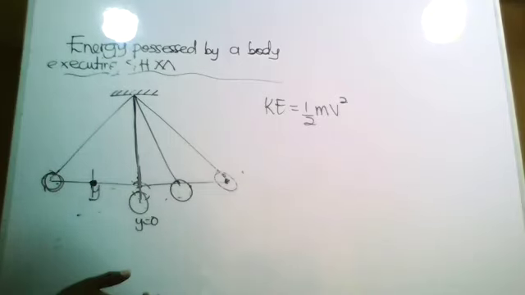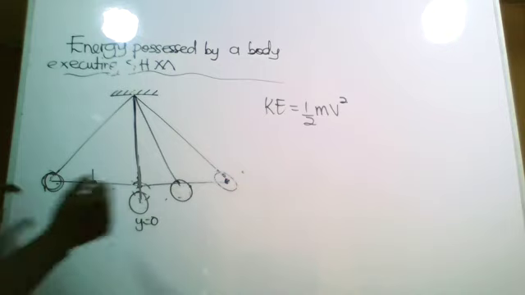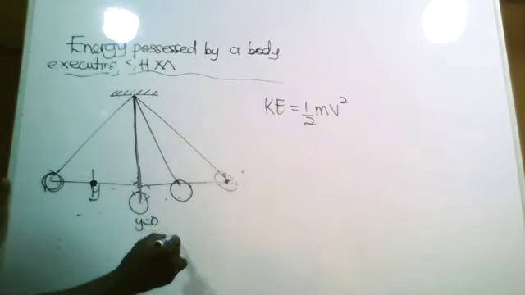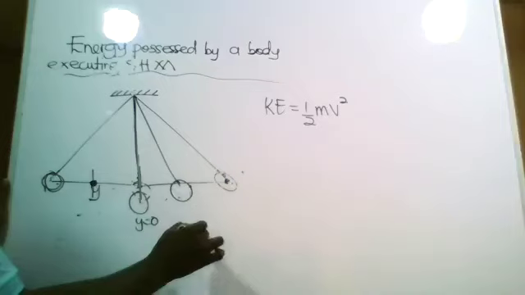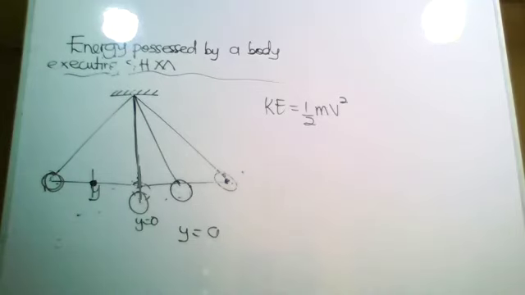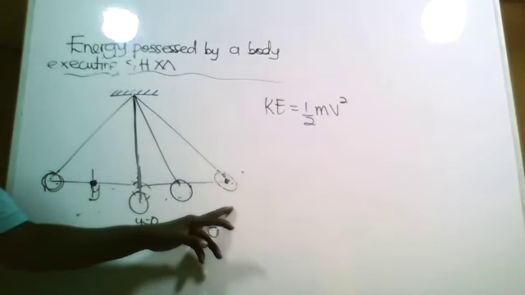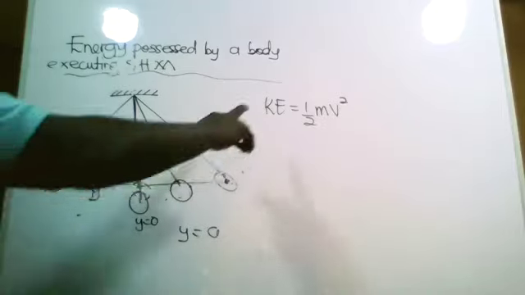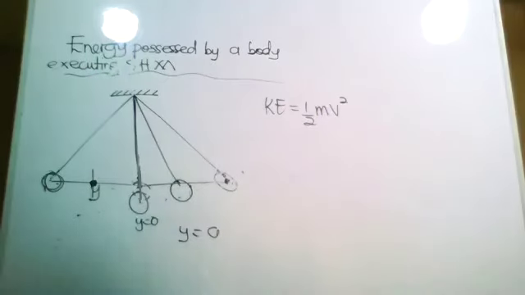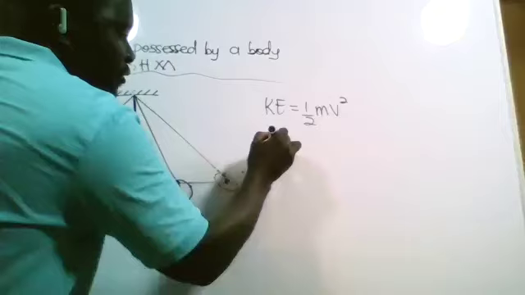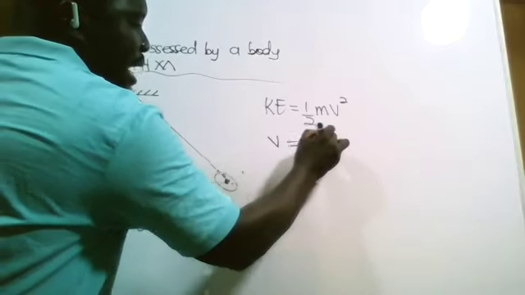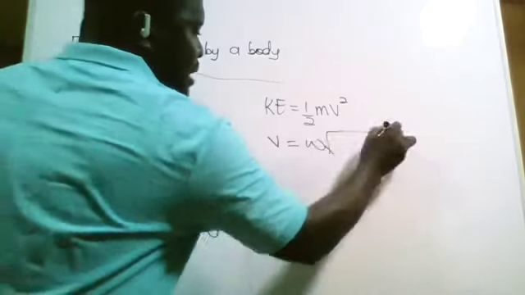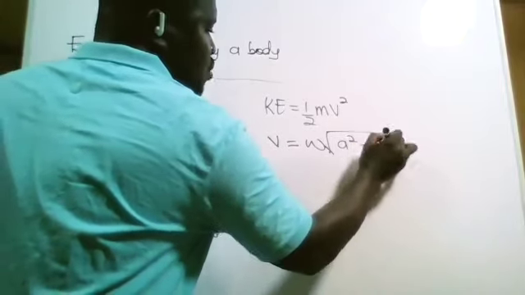Is that okay? When the body is at the extreme, the displacement is equal to the amplitude, and so potential energy will also be maximum there. As for kinetic energy, it is equal to half mv squared, our old formula, where V is equal to omega times the square root of a squared minus y squared.